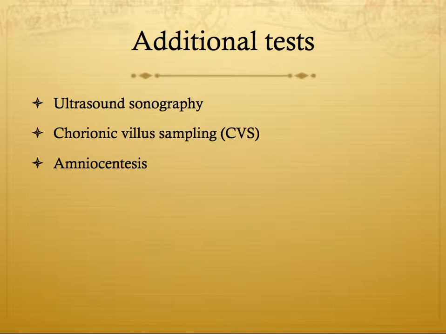With this test, you can detect genetic defects with like 100% accuracy, and you can also detect sex. In this case, miscarriage is 1 in 200 to 1 in 400. So it's about half the chance of miscarriage as CVS.